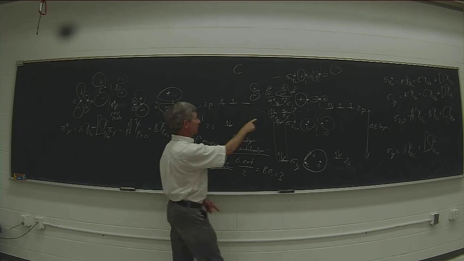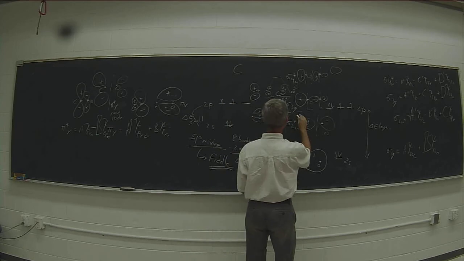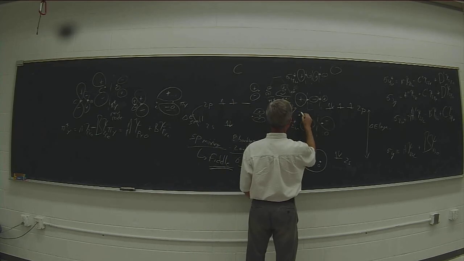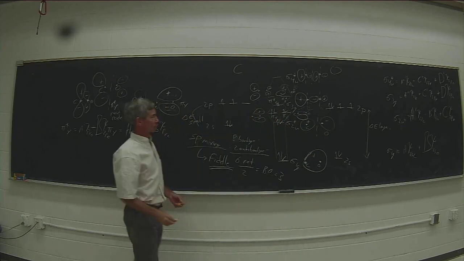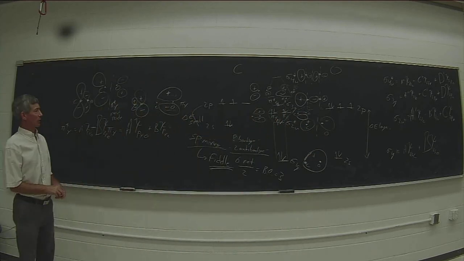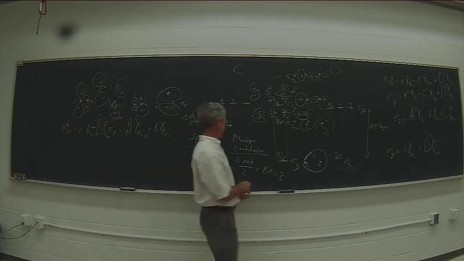And then pi y looks like this. And pi z looks like this. So our bond order is 3. Right? We predicted that we would have a triple bond.